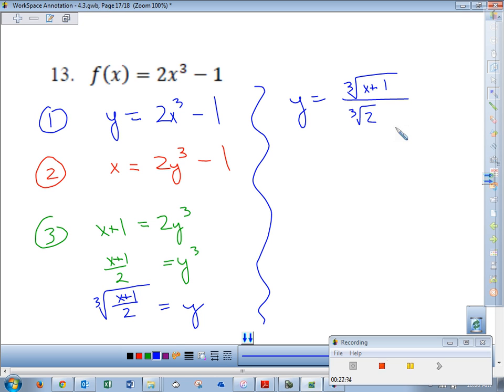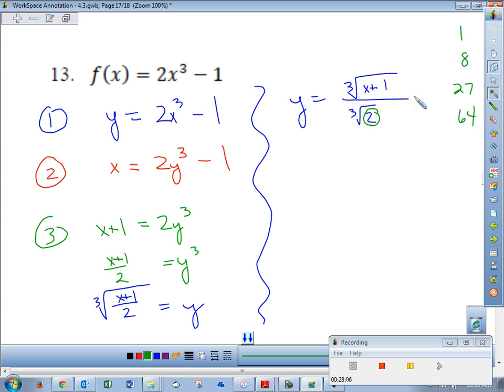Remember, what I need is to get me a perfect cube down here in the denominator. Luckily, we just refreshed our memories of what perfect cubes were. 1 cubed is 1, 2 cubed is 8, 3 cubed is 27, 4 cubed is 64, and etc. I need the number underneath here to become a perfect cube.